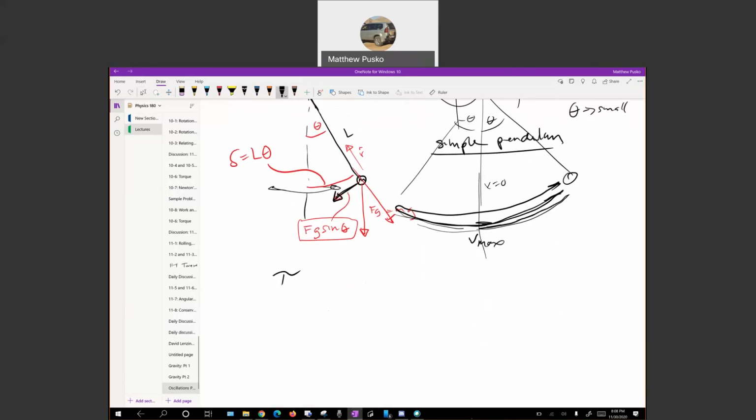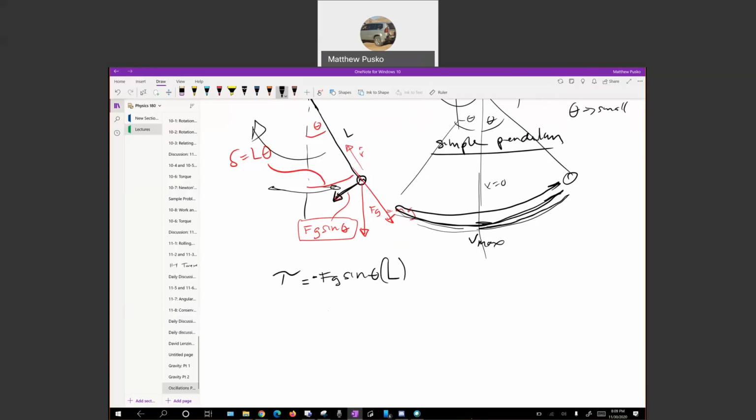If we say that the torque is equal to Fg sine theta, and it's acting in a direction that would cause a clockwise rotation, so I'm going to throw a negative sign on there. It's acting at a distance L.